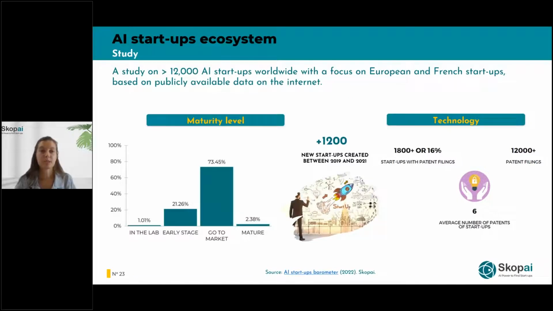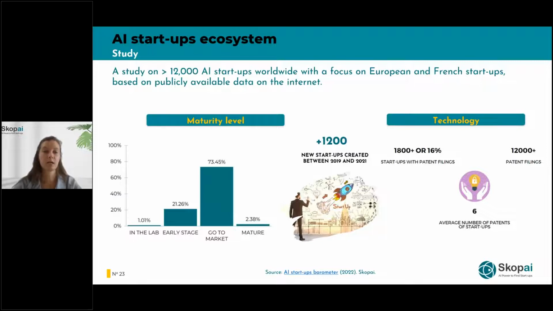This study is based on more than 12,000 artificial intelligence startups worldwide that have been extracted from the Scopy platform. The focus is on European and French startups, and the data is based on publicly available data on the internet. The study analyzes different characteristics of artificial intelligence startups.